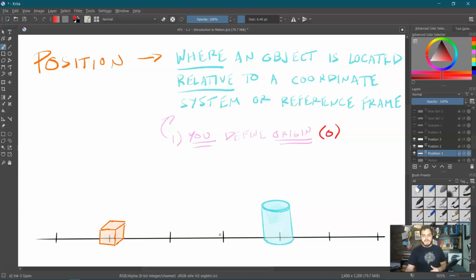So I'm going to say that this location right here, I'm going to call my origin. It is totally arbitrary. I could have picked here, I could have picked there. It does not matter as long as you define it. Additionally, now that I've defined that, I need to be able to say, is it this way or that way? So I need to establish directions.